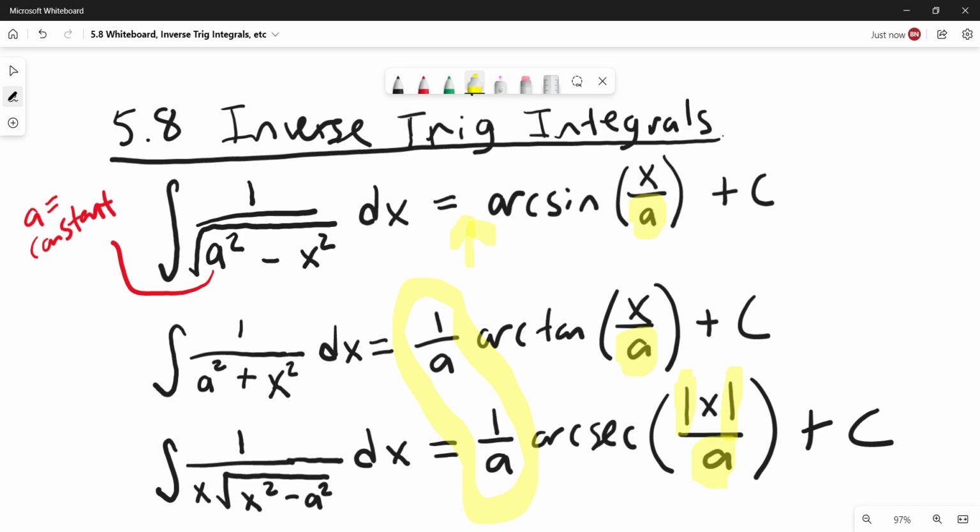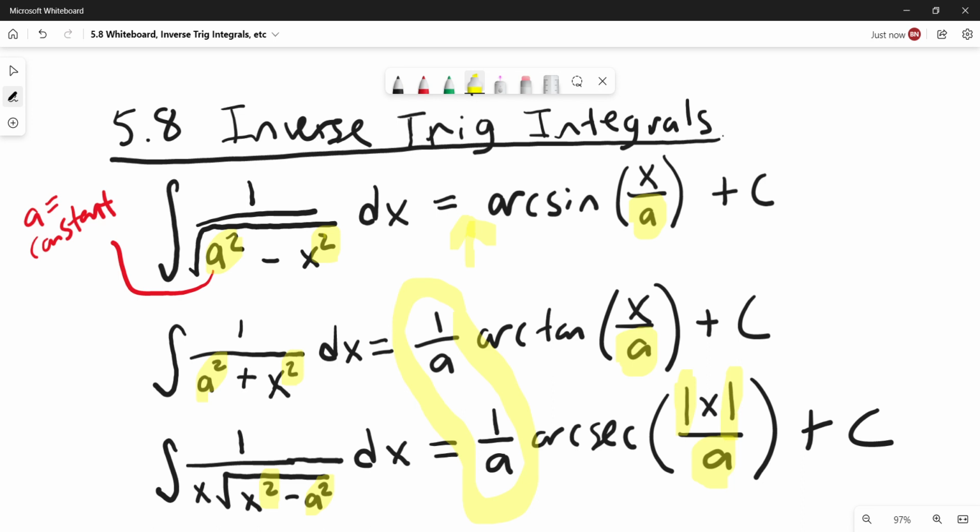And again, we're going to have the same problem as we did when we did derivatives of inverse trig before. Just so important, this is x squared, x squared, x squared. And this is a squared, a squared, a squared.